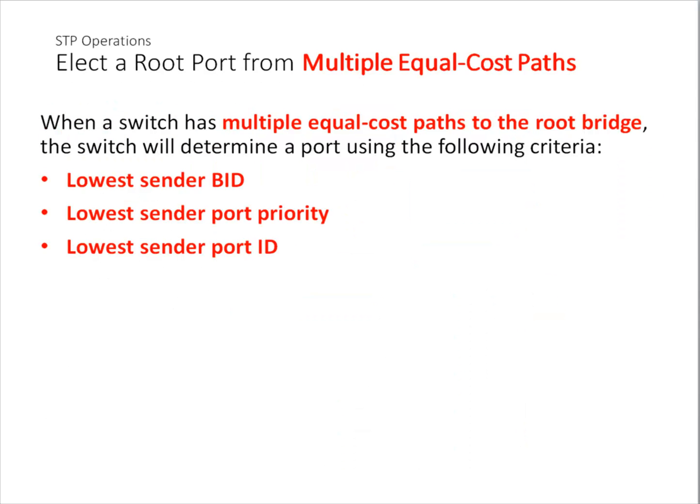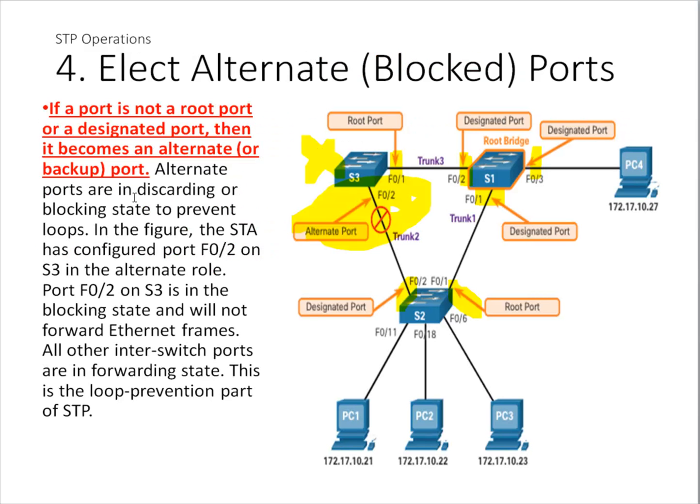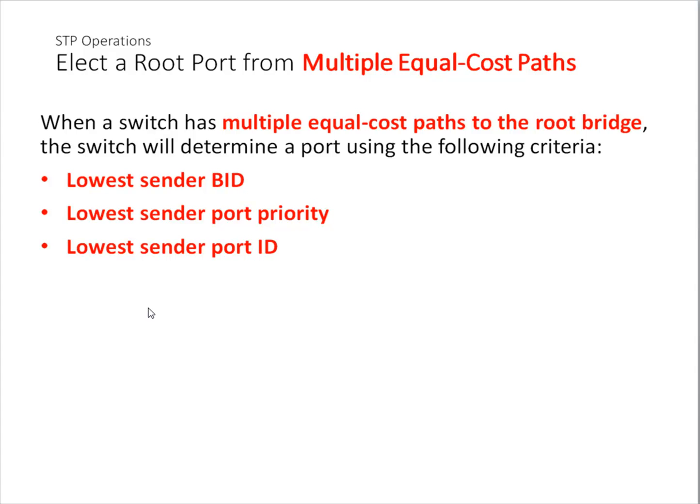Now, in some cases, while selecting the root port, that means step number 2, sometimes you may have equal cost distance. That means multiple equal cost paths will be available.